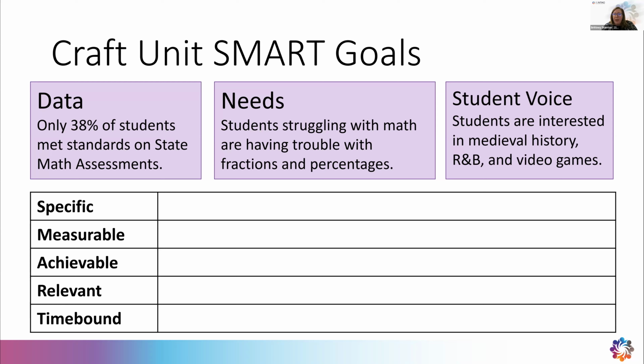We also have some unknowns, some flexibility, and this is an imaginary ABC program that we're writing a SMART goal for. So we get to determine the time boundness. Maybe it is just a unit activity that's going to take a couple weeks, and that's how long this goal is going to serve for.